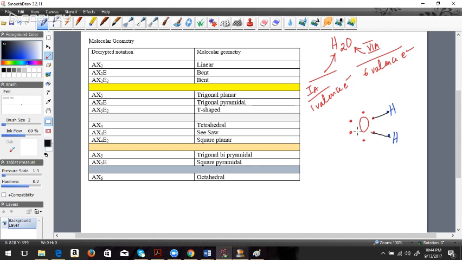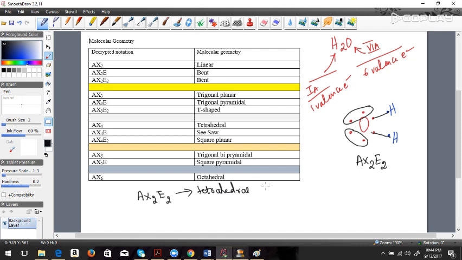So let's connect them, right? Now if you notice, there are 2 lone pairs, right? Now if it was electron pair geometry, what would we write? So this is AX2E2, right? If it's electron pair geometry, we treat the E as a bond, so electron pair geometry would be tetrahedral, right?